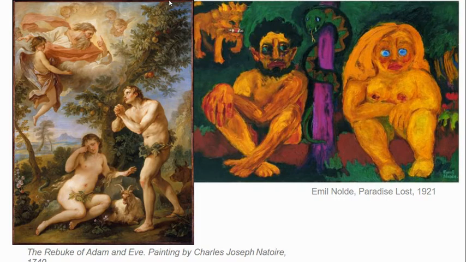So, this is another example of showing how Expressionism is very different from the artwork that came before it. The artwork on the left was from the mid 1700s, and it's based on Adam and Eve. And you can see how the tree looks realistic, the skin looks realistic, the body shapes look pretty realistic. But if you look at the expressionist artwork on the right, there's a distortion. The eyeballs seem to be bulging and glowing in a very unrealistic way.